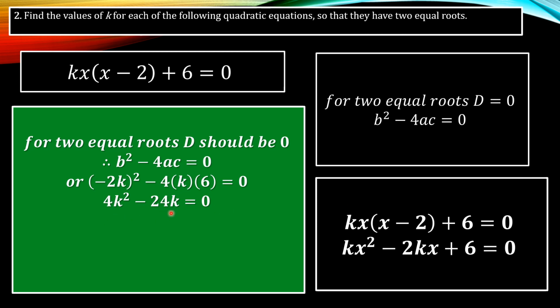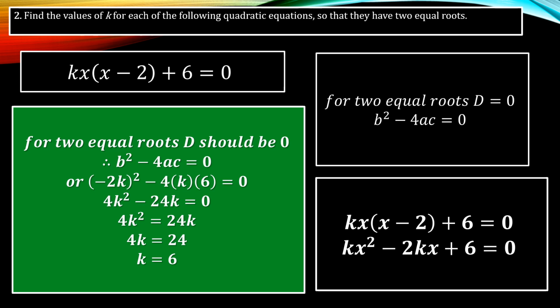Shifting 24k to this side, we are left with 4k square is equal to 24k. We'll now divide by k to get 4k is equal to 24, or k is equal to 24 upon 4, that is 6. So the value of k is 6 for this equation to have two equal real roots, right?